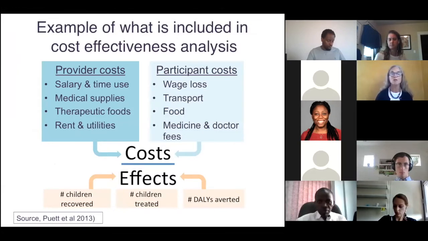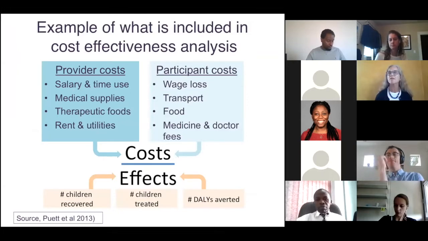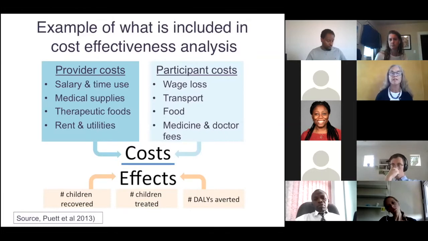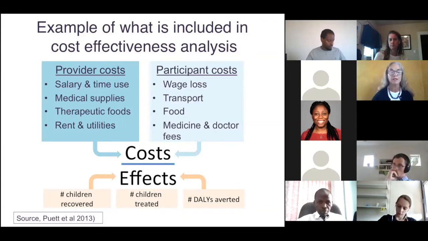One might also choose to include the household or participant costs. These costs would include participant transportation or any kinds of fees paid in participating in clinical services or community-based activities, or any wage loss they may experience while participating in program-related activities. When you add all these costs together, you'll get a total cost of your program.